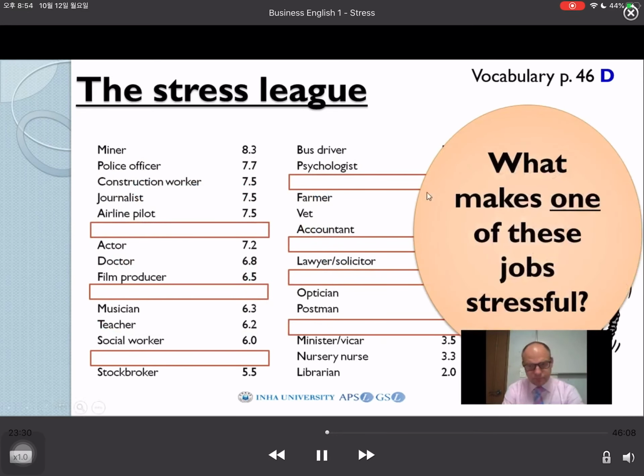And then choose some of these jobs and what do you think makes the job stressful? So there you go, you've got miner at the top of the stress league. Incredibly stressful. Why? Work conditions, physicality of the work, danger.